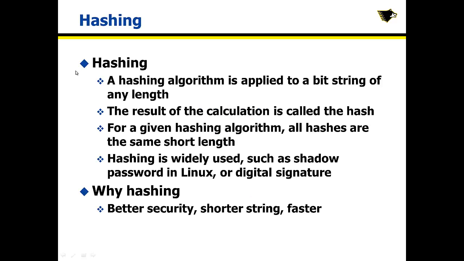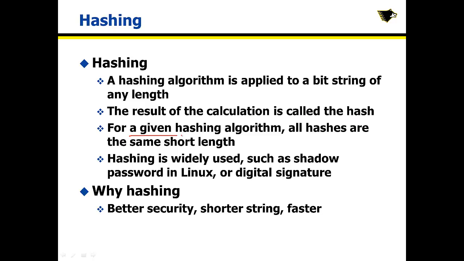Besides the MAC code, another thing we use for message authentication is hashing. In hashing, a hash algorithm is applied to a bit string of any length. The result of the calculation is called the hash.